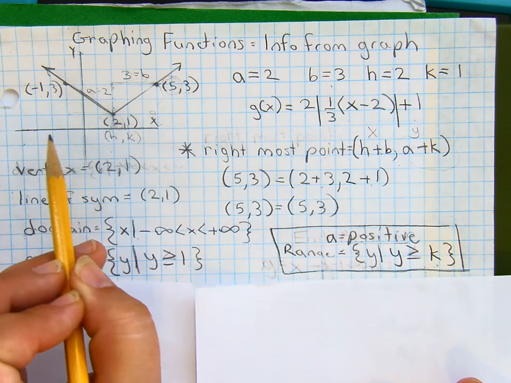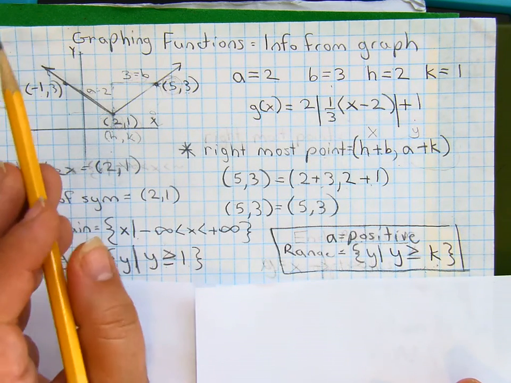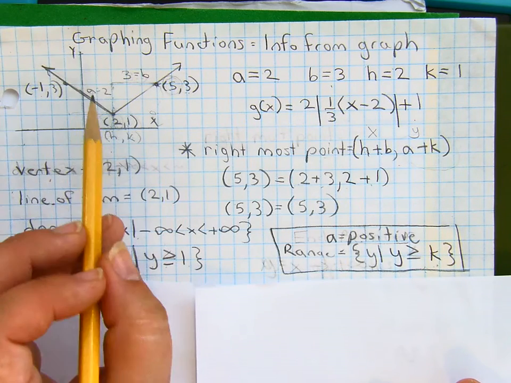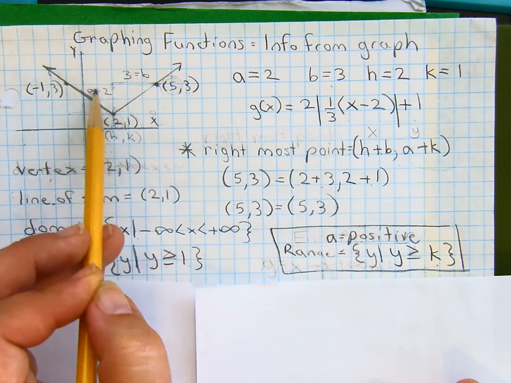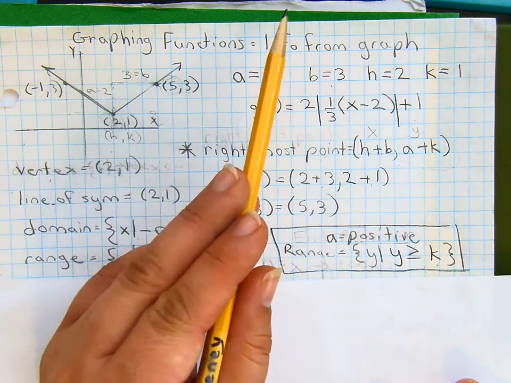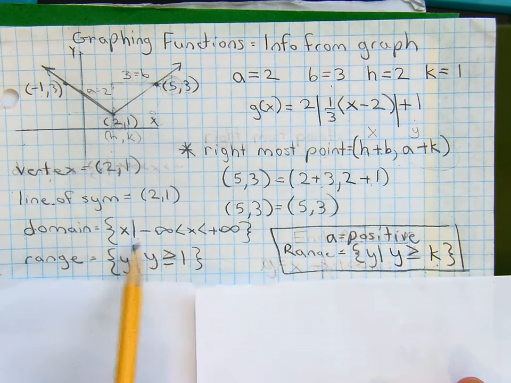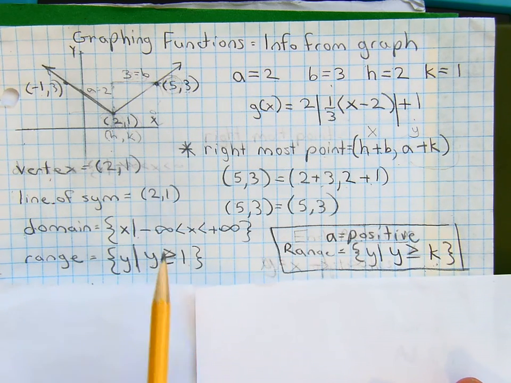So if I pick -1, I get a y of 3. If I pick -10, I'm going to get some y up here. So as I move from left to right, is there at least one value of y on this graph for every x? And the answer is yes. It's all real numbers, from negative infinity to positive infinity.